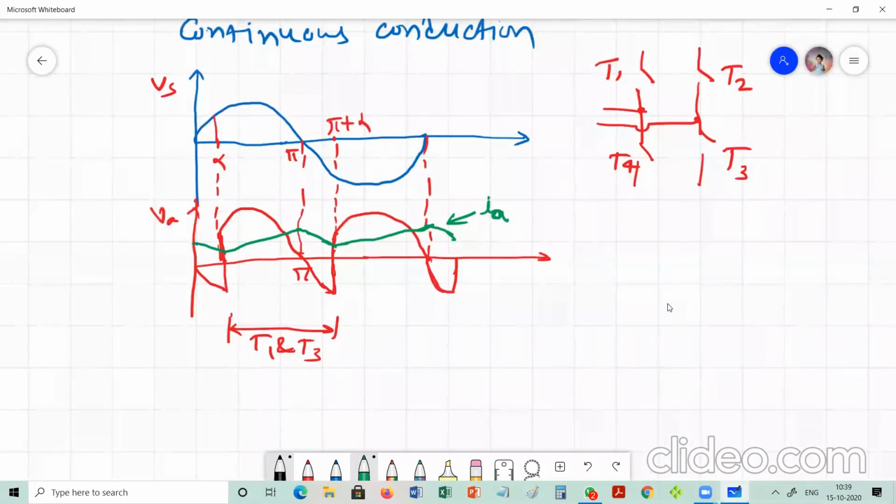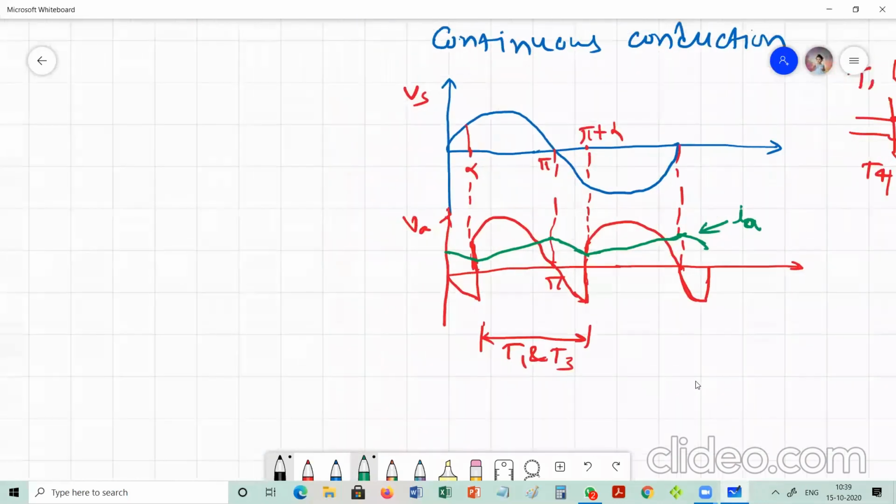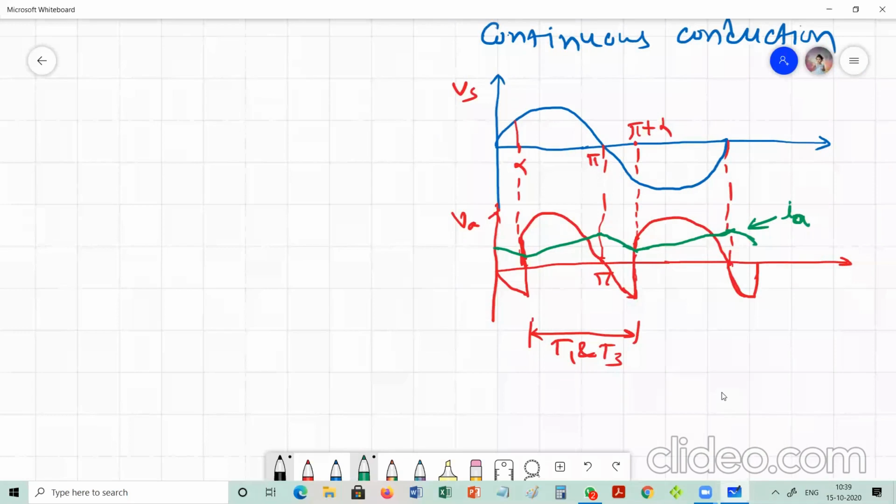Now we will find the equation for the armature voltage in this case. This is the instant alpha, and this is pi plus alpha. Throughout the operation from alpha to pi plus alpha, the wave shape is the same as the input voltage.